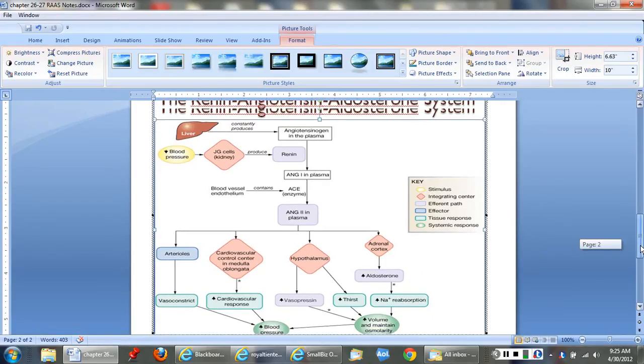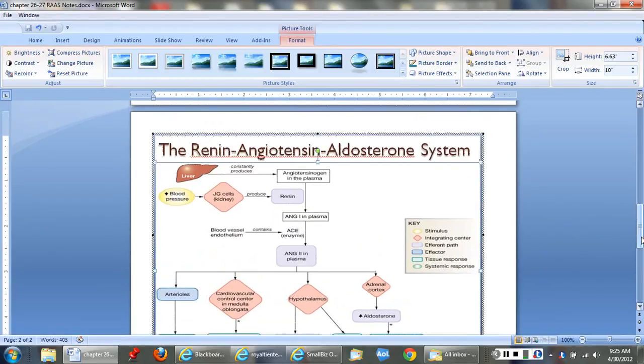All right. So everything I just mentioned at the first part of the sheet before, you have the angiotensinogen. So remember, angiotensinogen is inactive until it mixes or binds with renin.